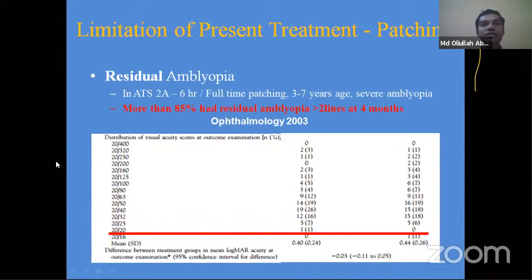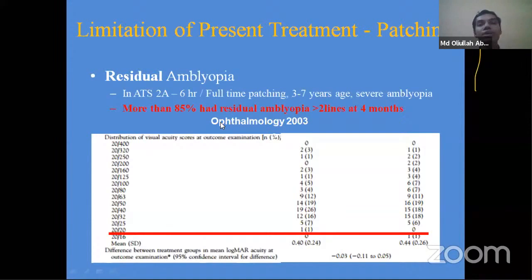If you see this ATS2A, ATS is the Amblyopia Treatment Study, the largest treatment protocol carried out, as I talked about, by the Pediatric Eye Disease Investigator Group. Whenever you treat any amblyopia with occlusion therapy, more than 80% will have residual amblyopia of more than 2 logMAR lines.